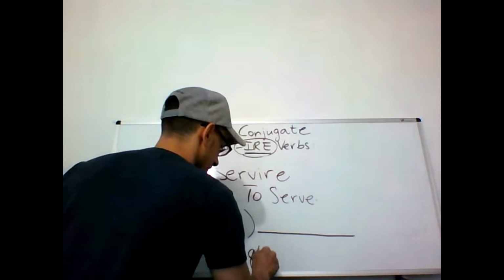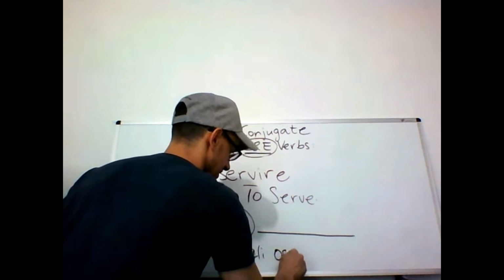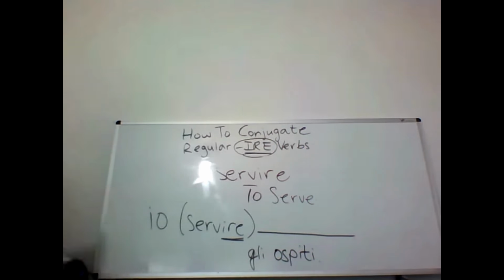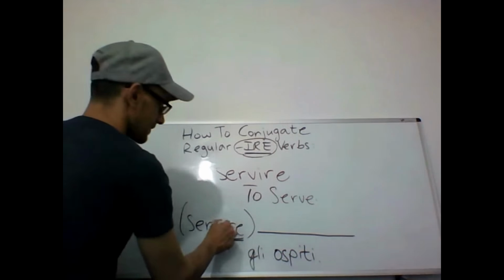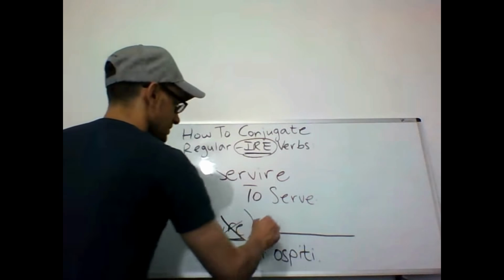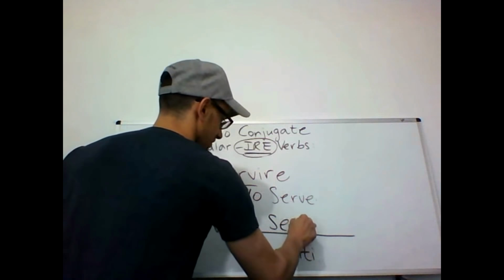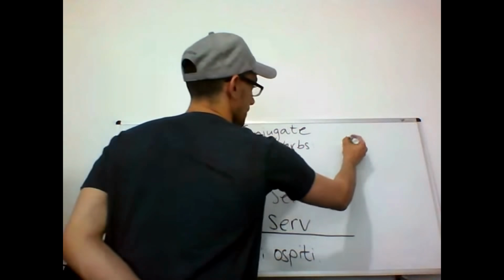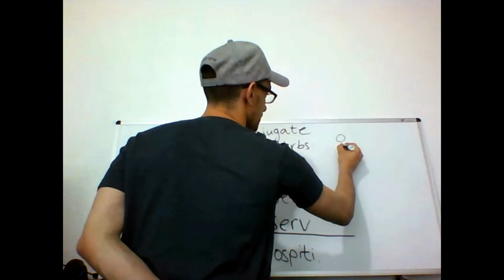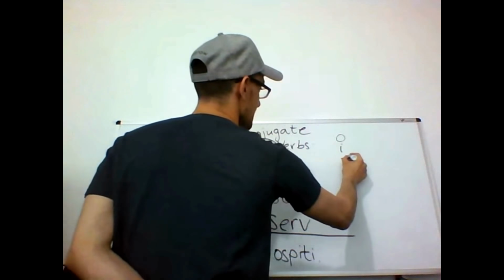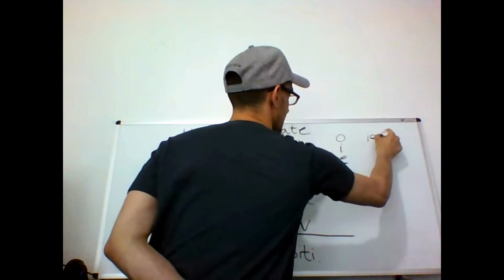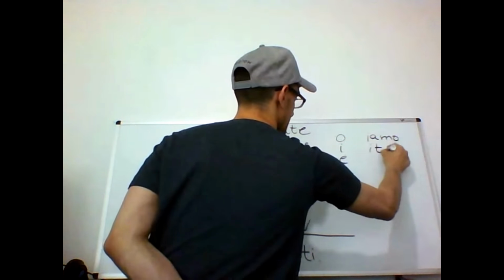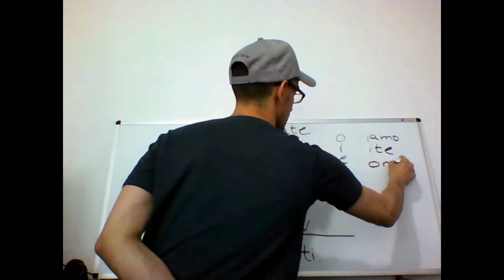Gli ospiti are the guests, right? So I have my IRE. Gotta chop this off. I'm left with serv. Go back to my table. I'm just gonna write it here, although you should have it down, right? That's our table for reference.